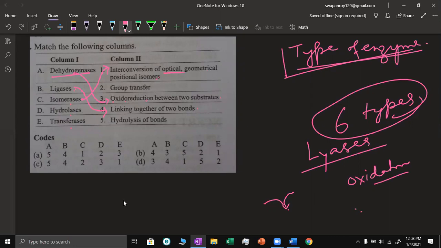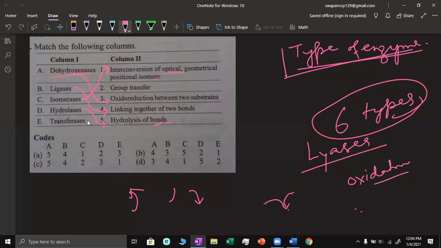Hydrolases break the bond, which is called hydrolysis. When a bond is broken, a water molecule is added. When a bond is formed, a water molecule is removed. So hydrolysis is the breaking of a bond by addition of water.